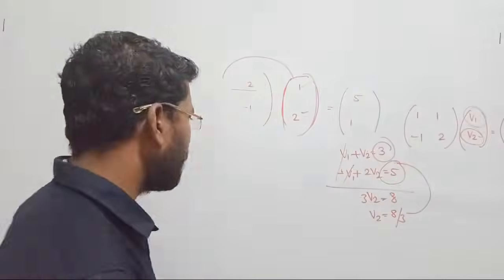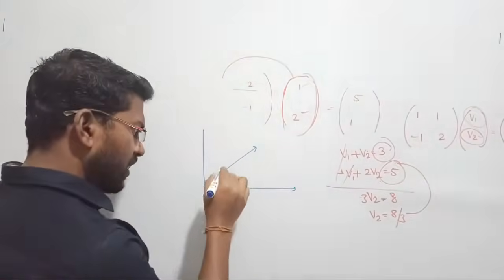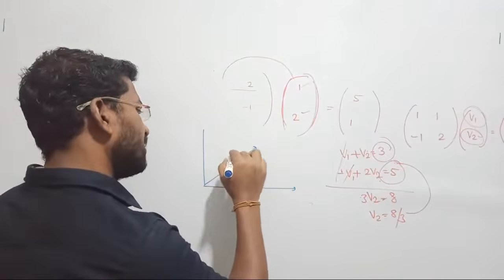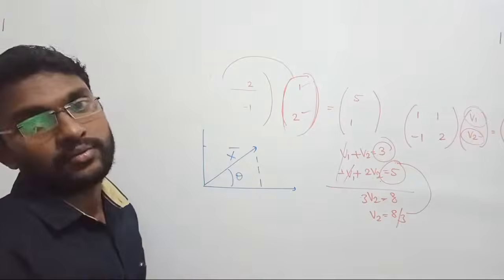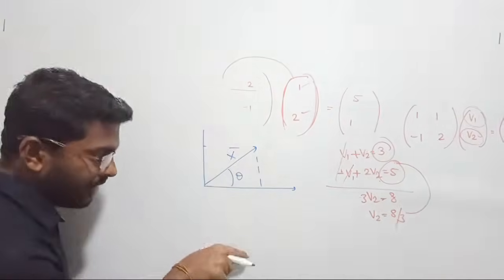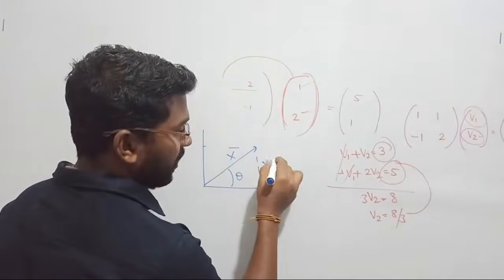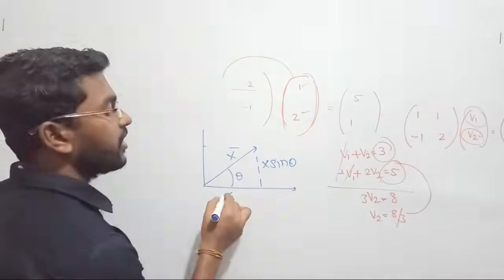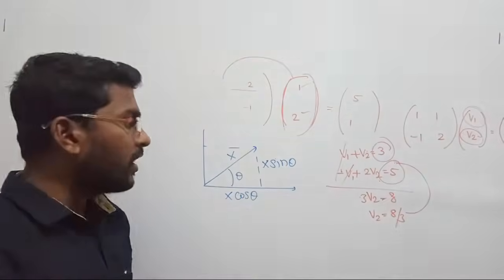If I have a vector at angle theta with length x, can you project it onto the y-axis and x-axis? I can. This is the adjacent, this is the opposite. The opposite you project in terms of sin theta, and the adjacent in terms of cos theta. We all know these things. Yes, that is clear.